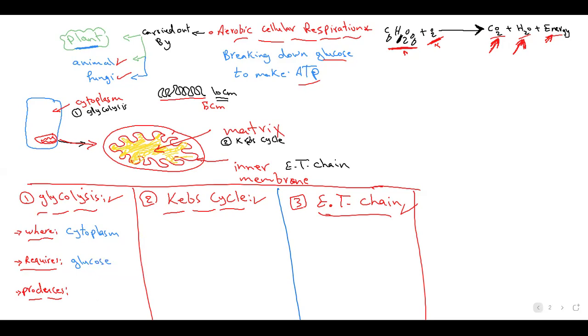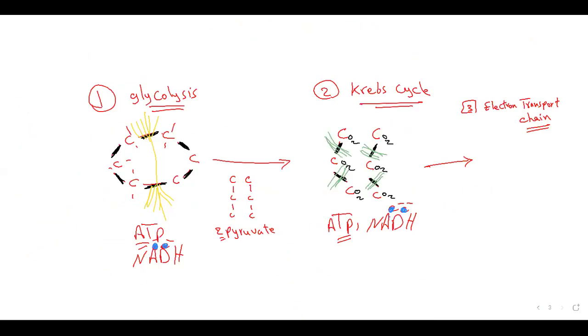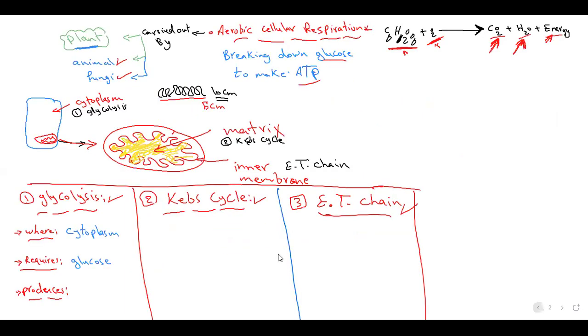And when we split the glucose, the result is two halves that we name pyruvate. So splitting the glucose results in 2 pyruvate, and we release energy as ATP.